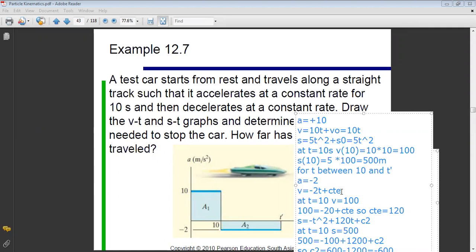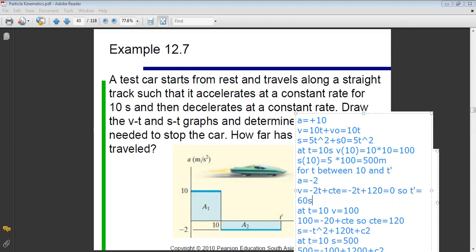So V is equal to minus 2t plus 120. To find t prime, I put this equal to 0. So t prime is equal to 60 seconds.